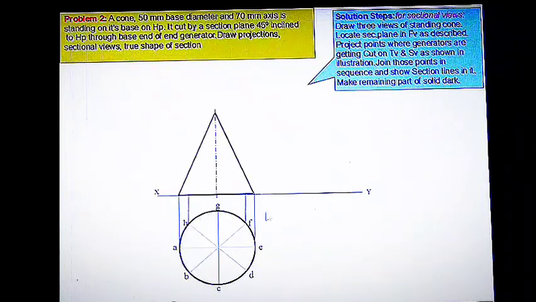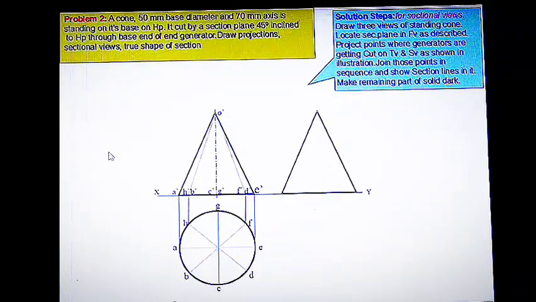So these generators can be named as A, B, C, D, E, F and G for our convenience. Now the corresponding generators can be marked in the elevation also. These base points A, B, C, D are the base points of these generators, and the apex is O dash.